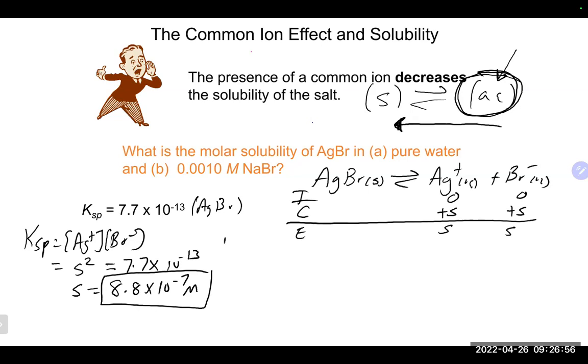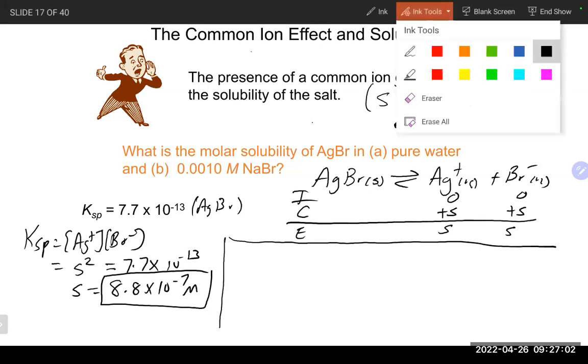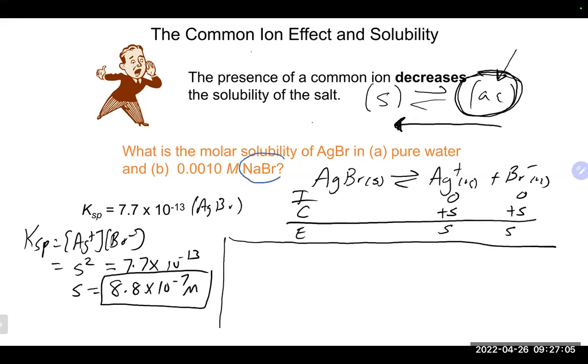Now, what would be the solubility of this salt if we put it in a solution that already contains sodium bromide? The common ion here would be the bromide. Sodium bromide in solution would break apart into a sodium and a bromide. That would be our common ion in this situation. We could figure it out the same way. We could start with our equation.